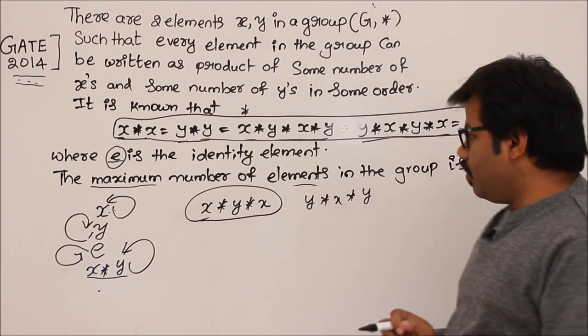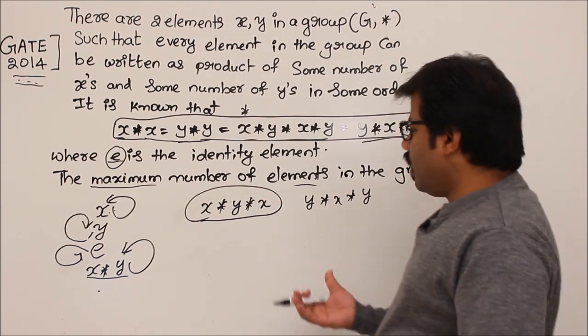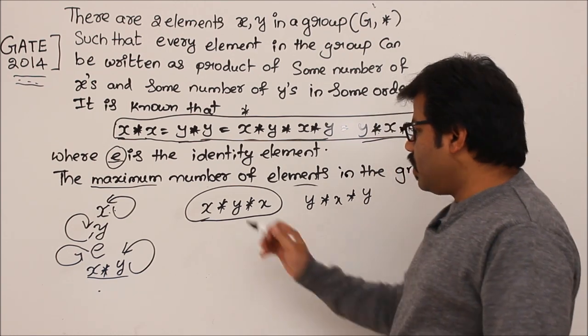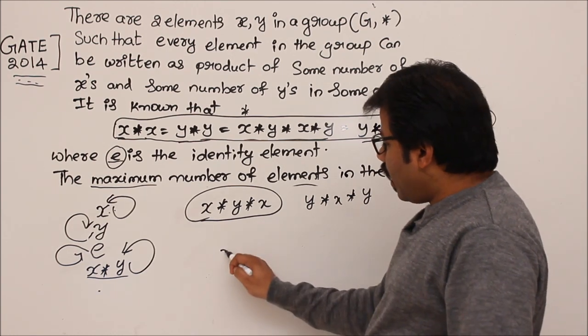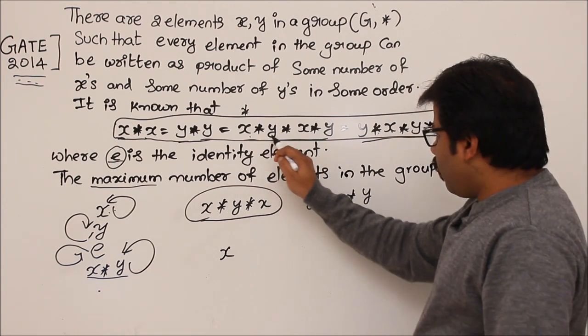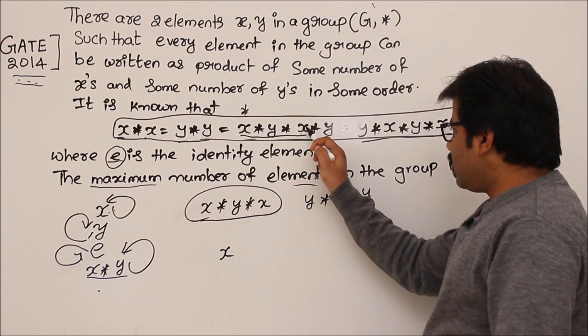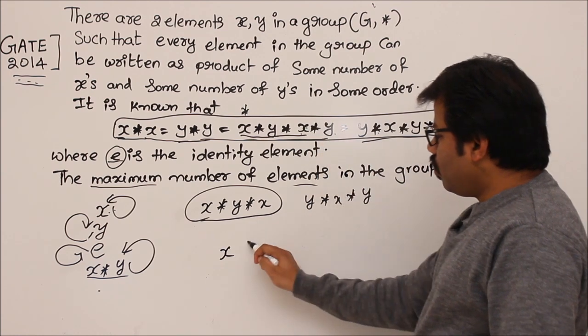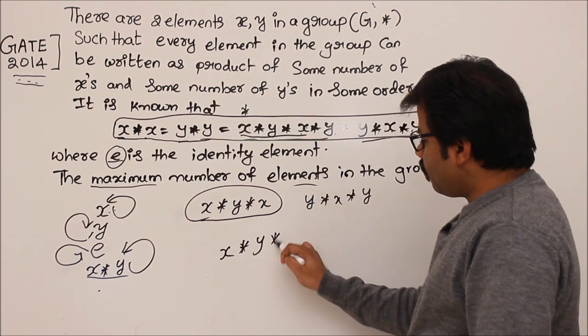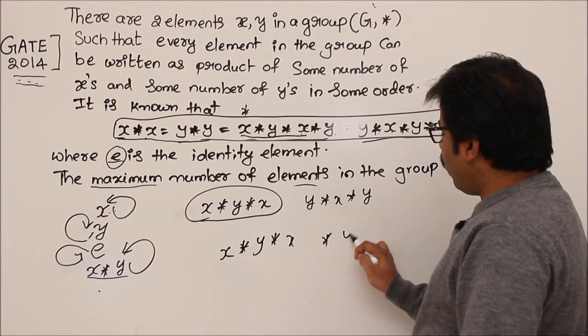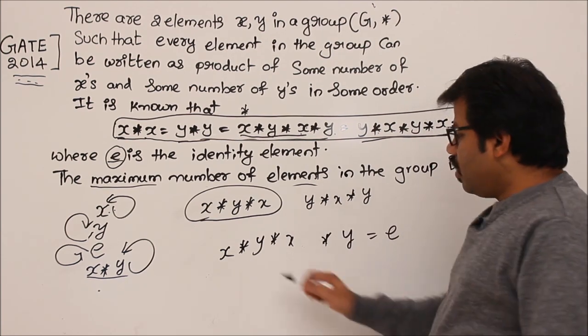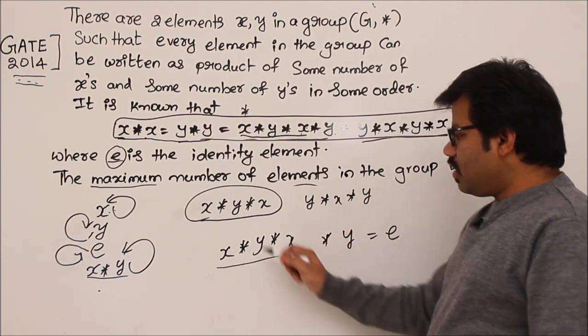Why? I will tell you. I am just trying out, that's it. I am trying all possibilities. If it is a different element, okay, then I just see here x star y star x, I can see here, right? That's the problem. X star y star x star y equal to x star y star x star y is given as E. That means what? This element really is a different element.